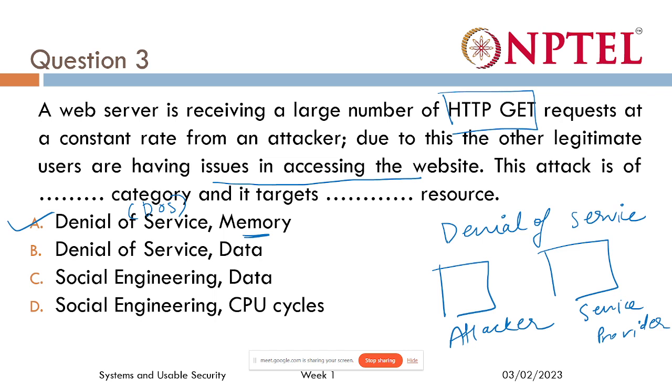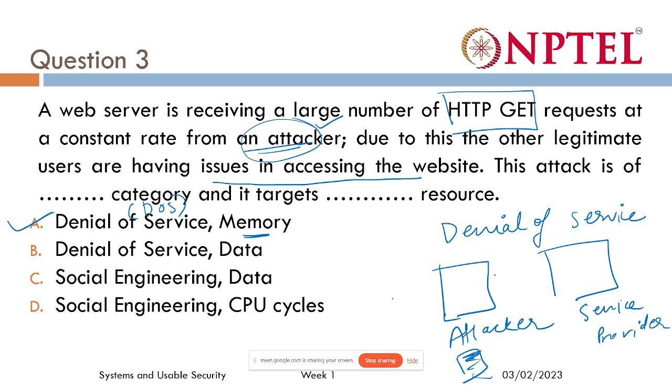So the attacker can be a single person or it can be multiple persons. Here it is given that there is a single attacker, so we will not consider more than one.